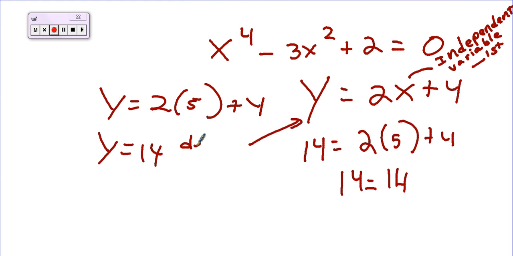Y will become dependent because it matters what x is to give us what y is. Y relies on x. It depends on x to be something. We can pick whatever we want for x, but y has to be something. Make sense so far? Good?